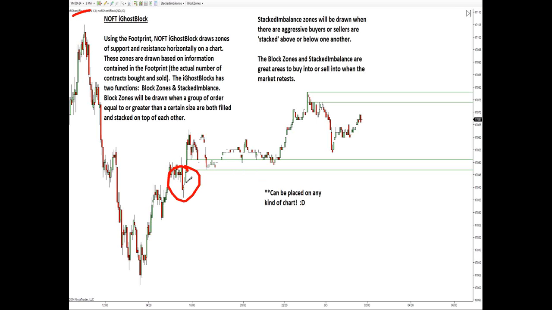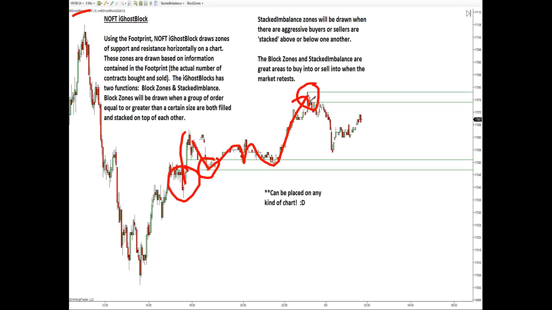Near the end of the day, we popped up. We got a buy imbalance zone, or pardon me, a buy block zone drawn. We come back in, test it. Going into the Asian session, we come up a little bit, come back, test it again. Boom. We go up. And, in keeping with mental flexibility here, another zone gets drawn when we form this little top here.